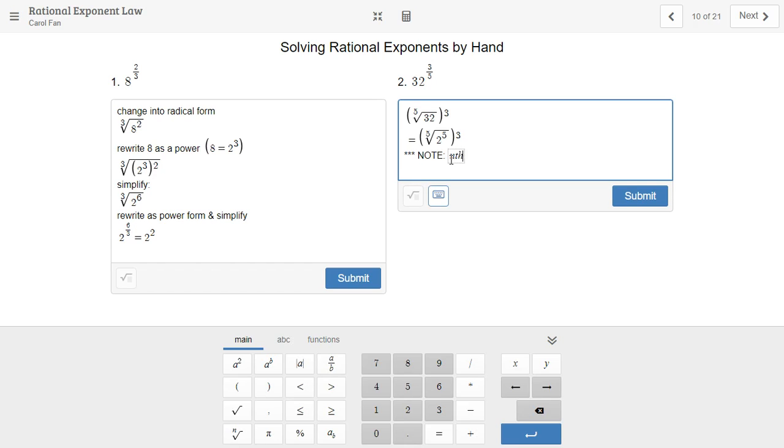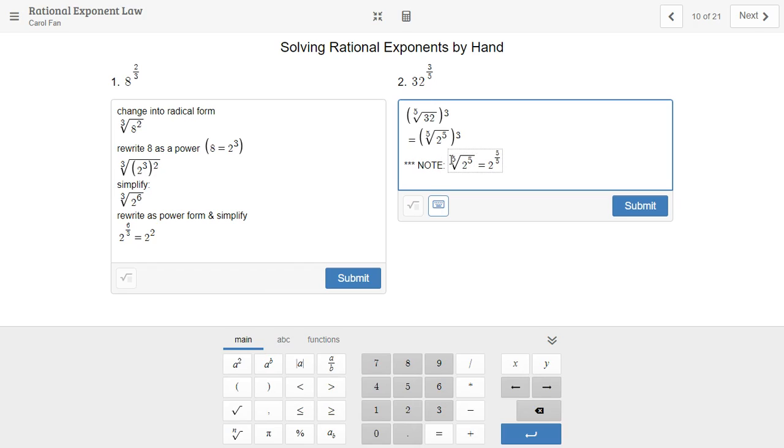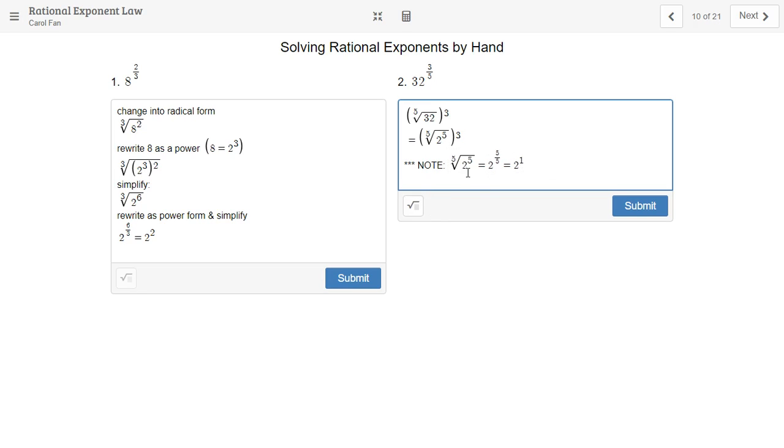If I have the fifth root of 2 to the power of 5, this is equivalent to 2 to the power of 5 over 5, which means I have 2 to the power of 1, or simply I am just left with the radicand. So I chose to do that this way because that simplifies my life quite a bit. This entire bracket is 2 to the power of 1, or simply 2, and it's raised to the power of 3.